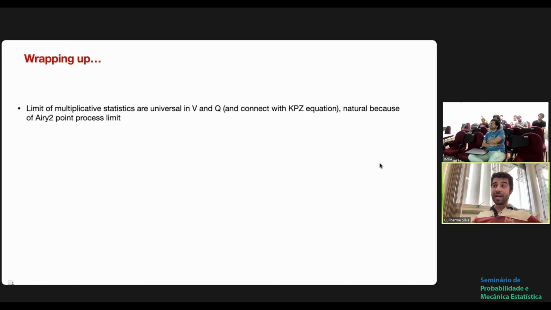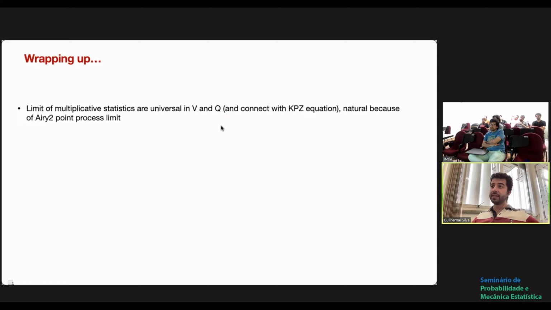Okay, finally, let me just wrap up. A lot of stuff, but let me wrap up some main messages here. The main message that I wanted to convey to you is the following: we were considering certain eigenvalues of random matrices and doing certain very general multiplicative statistics of them.